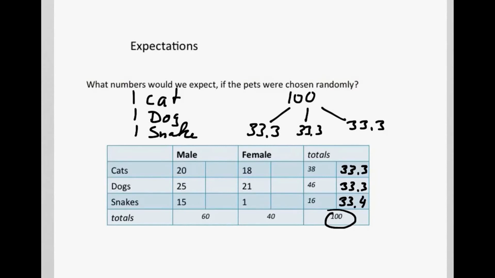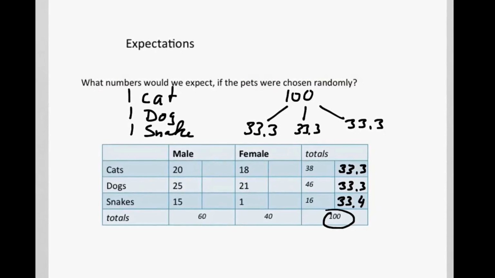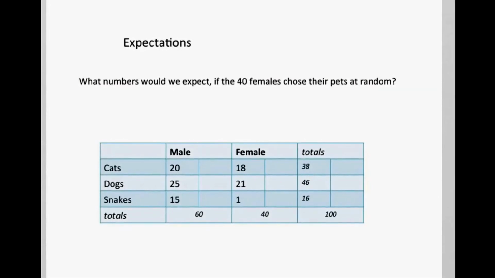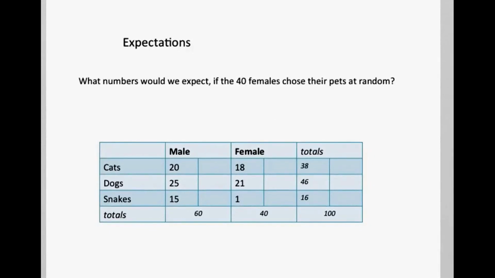This would be the numbers if the pets were chosen completely randomly. We can also ask another question. We can ask, what numbers would we expect if the 40 females choose their pets at random?